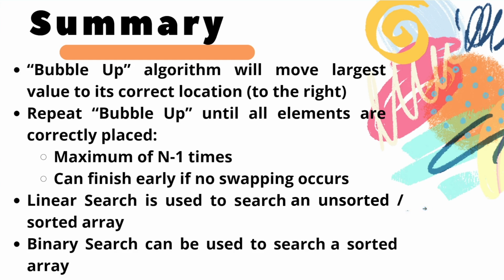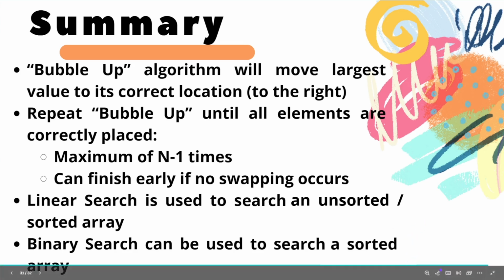We have linear search, where we can search for the target element in an array whether it is sorted or unsorted. And we learnt about the binary search algorithm, where we can search for an element only if the array is sorted.